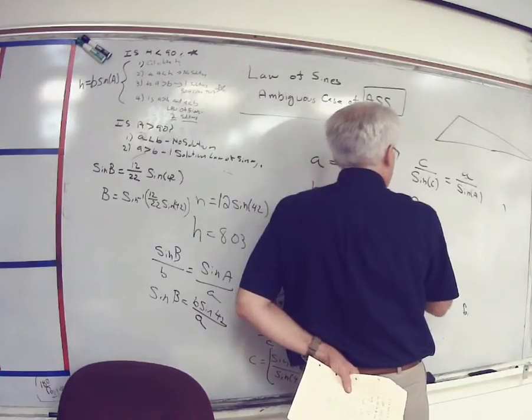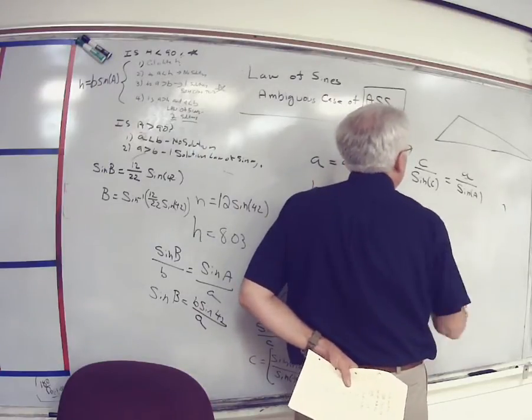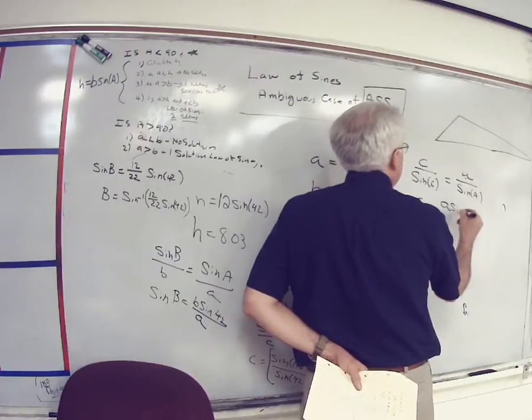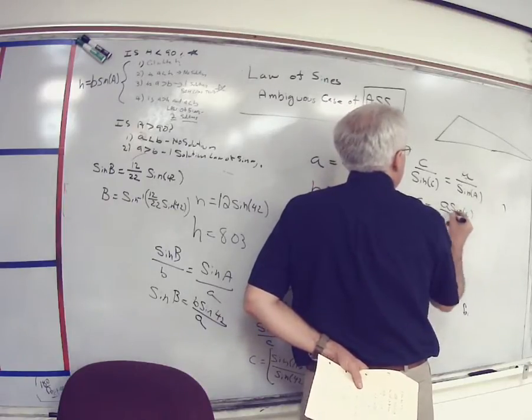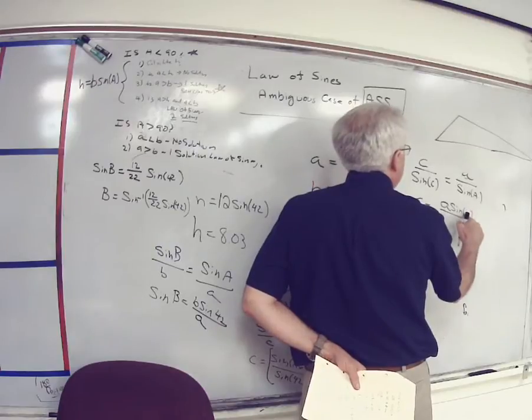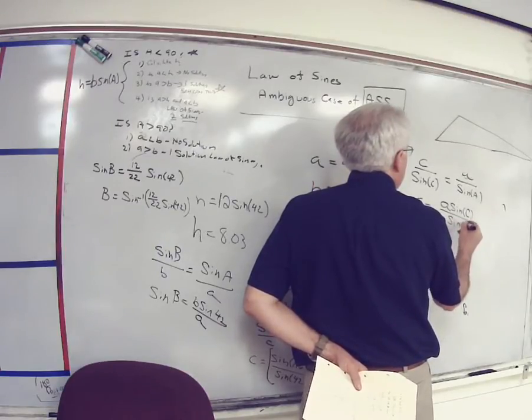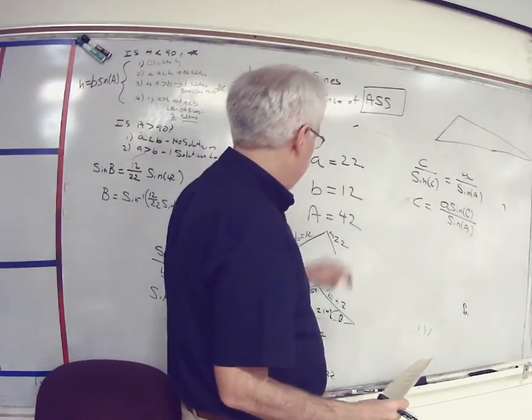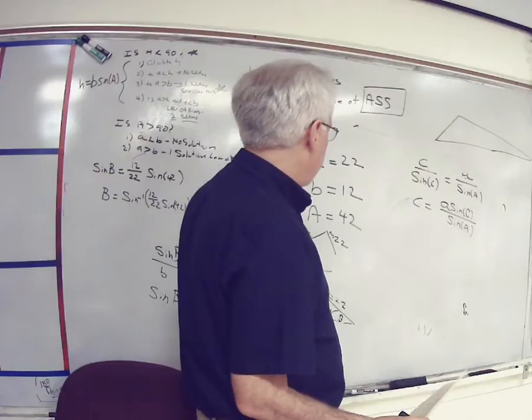So we're looking for C. C is equal to a sine of big C over sine of big A. Would you agree with that? Yes. And that's the same thing that we had down here.